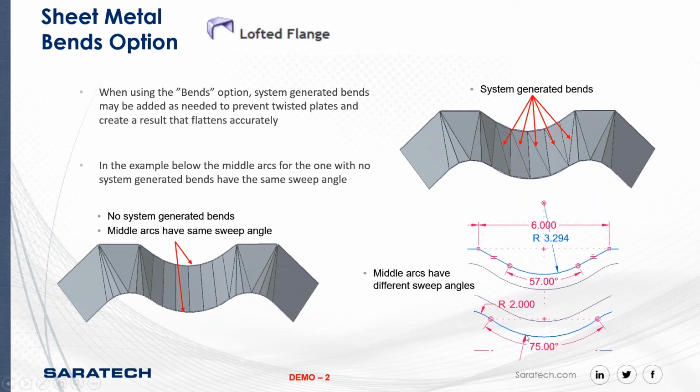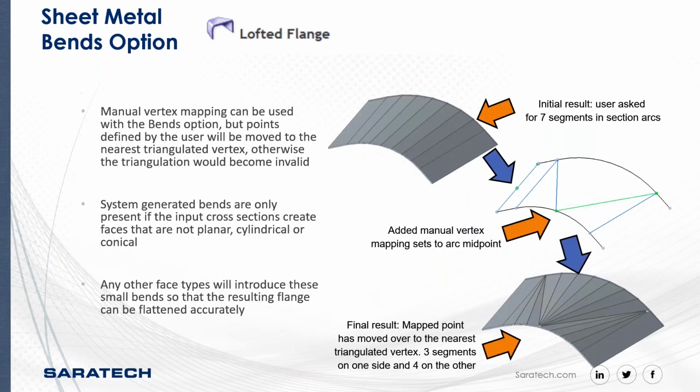Some of the manual vertexes can be used with the bend options, but points defined by the user will be moved to the nearest triangulated vertex. Otherwise, the triangulation would become invalid. You can see here over to the right-hand side, what is my initial result and what is my final result.